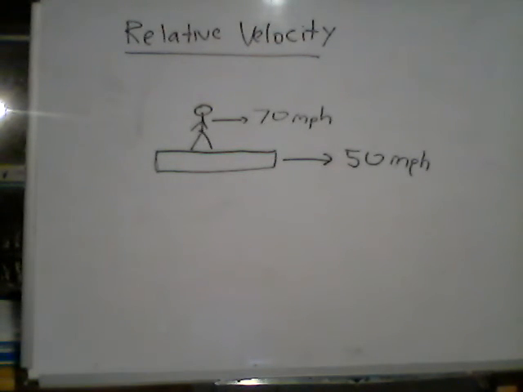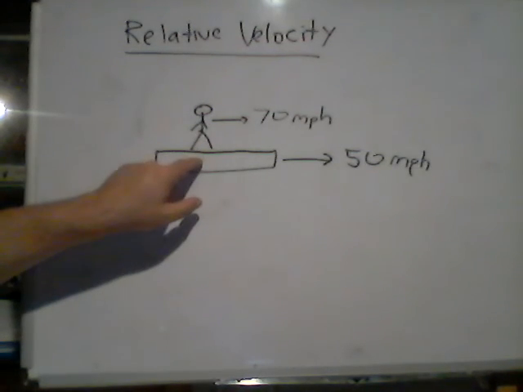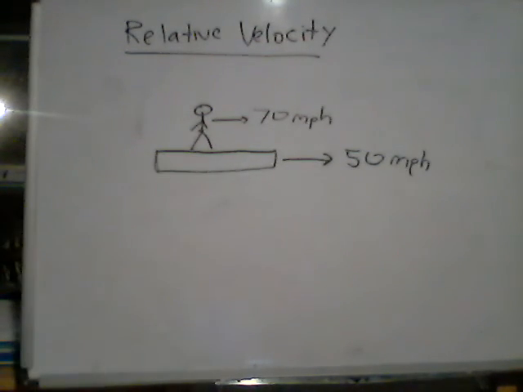Again, you never know if you're moving unless you accelerate. All right, and so as far as I understand, I'm perfectly at rest in my reference frame, and I'm throwing 70 miles per hour. You're watching me from afar, and you see that I happen to be on a platform moving to the right at 50 miles per hour.